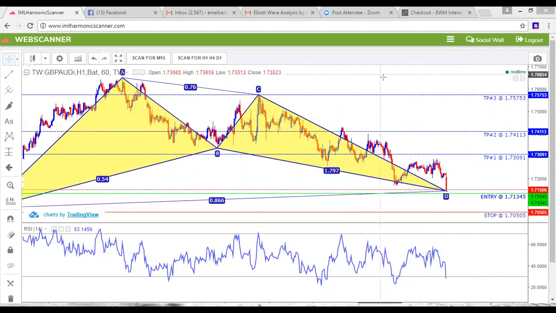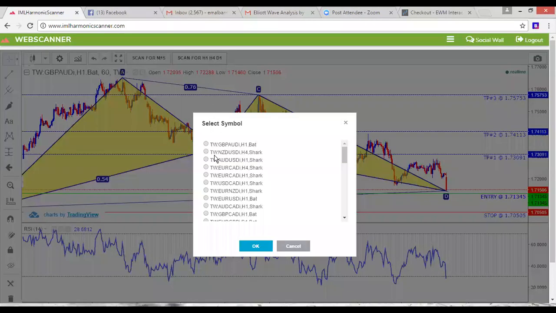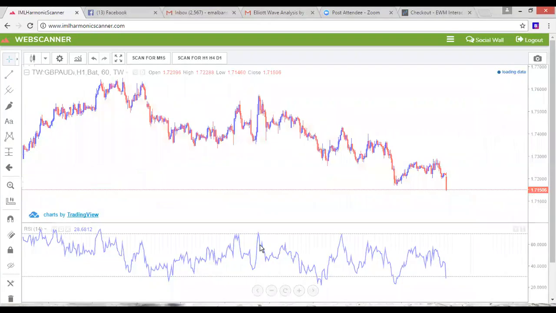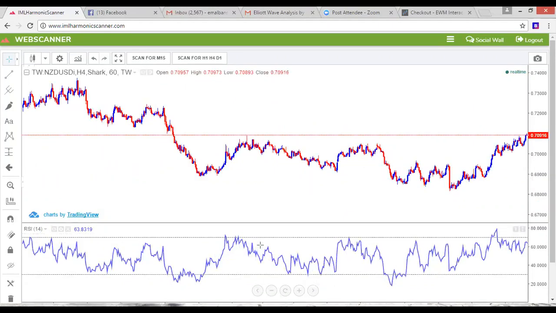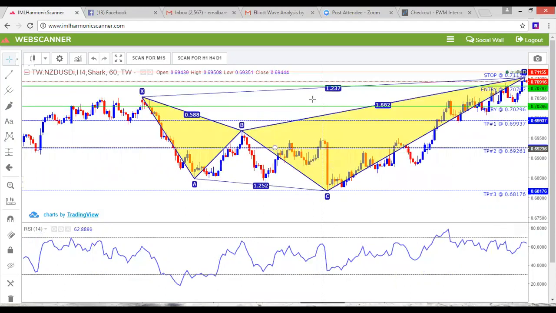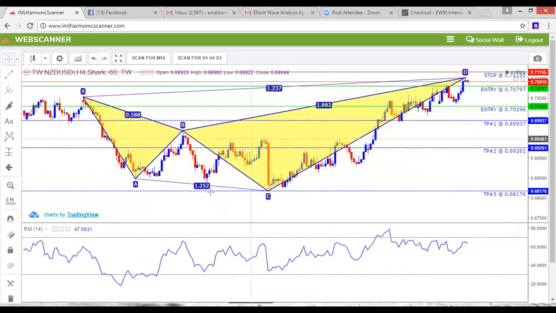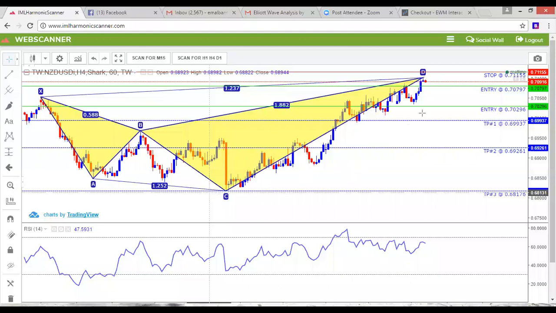We discussed New Zealand USD, H4, 4 hours. We had a shark pattern that was telling us that we are at a resistance level. At that resistance level, we should get ready to sell. And already it has formed a pin, and the candle coming down is already bearish.